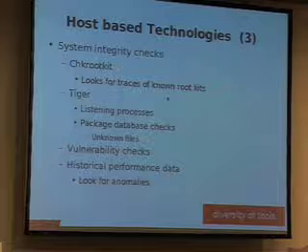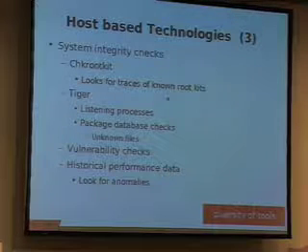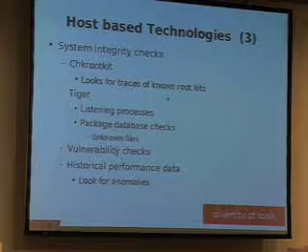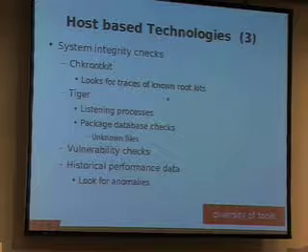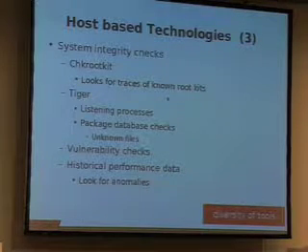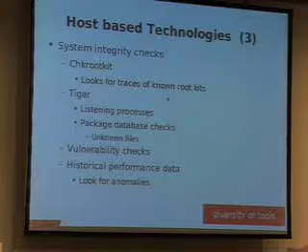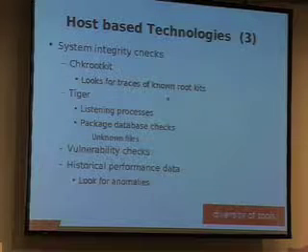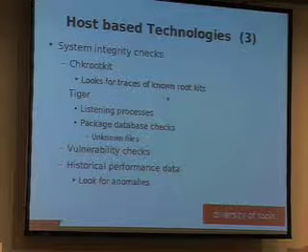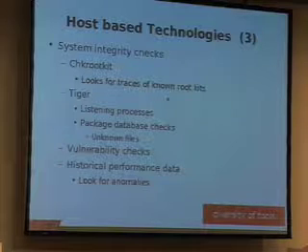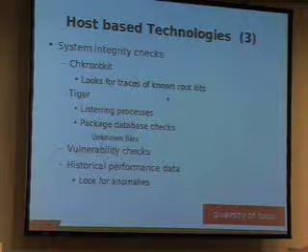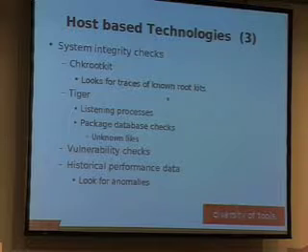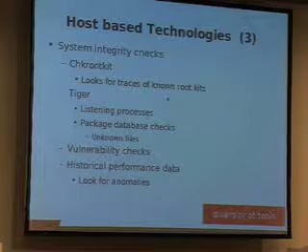For example, chkrootkit looks for traces of known rootkits, and Tiger looks for programs that open sockets for listening, or evaluates package databases for unknown files. That means when you have a directory /usr/sbin, and there's a file that is found in no package of the operating system, maybe somebody put the file there for some attack reason.